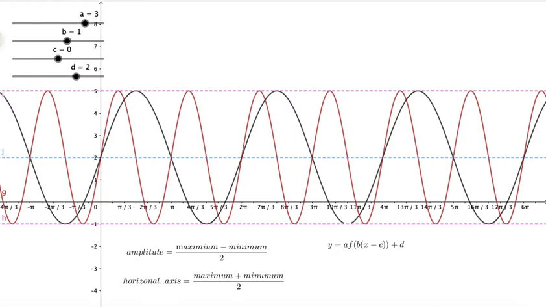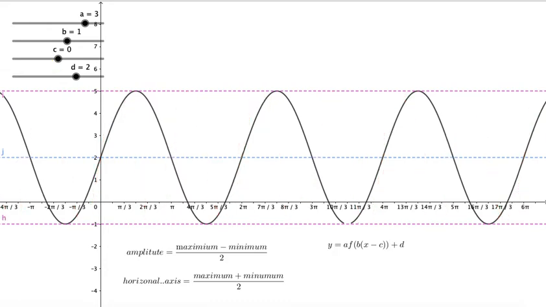So sine is not my favorite function to transform, but it's cosine, by the way, in case you're curious and keeping tabs at home. But if we want to get the transformation B, the horizontal compression, let's ask ourselves 2 questions. I'm going to get rid of the red wave.